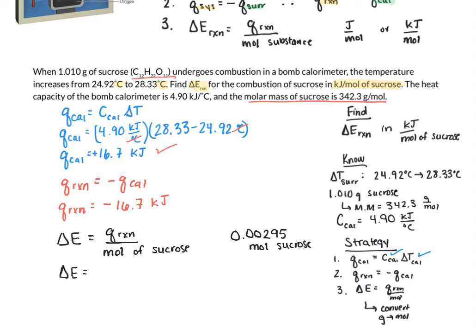So when we fill in those values, we get negative 16.7 kilojoules divided by 0.00295 moles. So for delta E, we get negative 5.66 times 10 to the third kilojoules per mole. That's how you solve a bomb calorimetry problem.